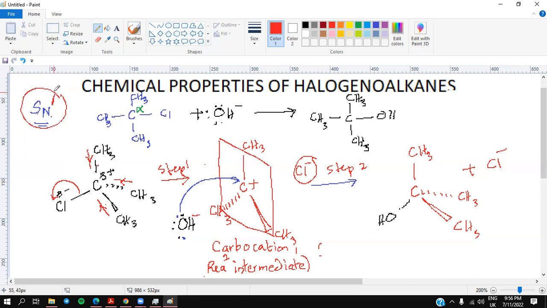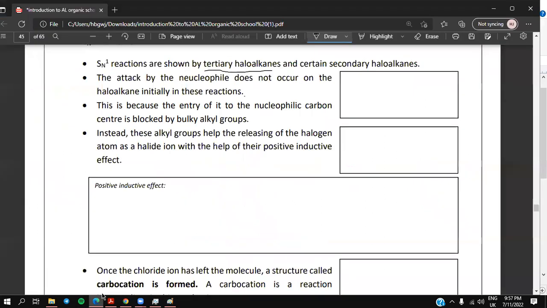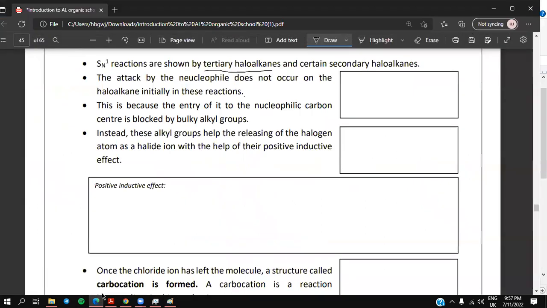In Sn1 reactions, only one reactant is going to help you to do the reaction. And there are two-step reactions. The reaction occurs through a carbocation or reaction intermediate formation. Sn1 reactions are shown by tertiary halogenoalkanes.